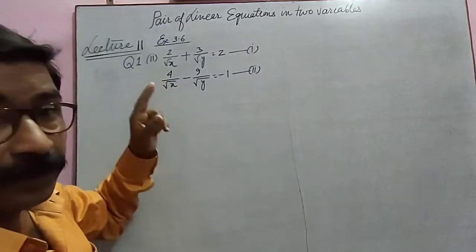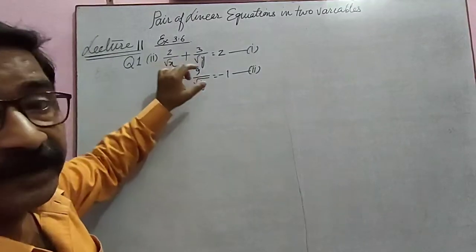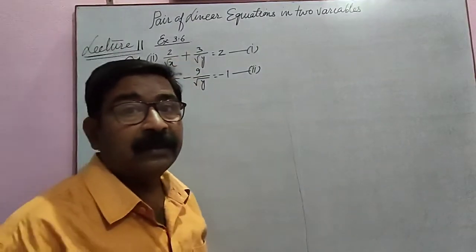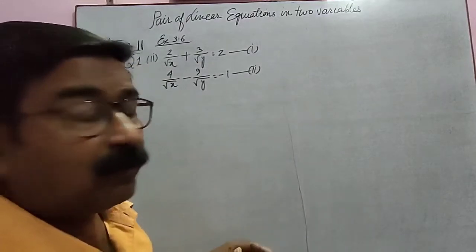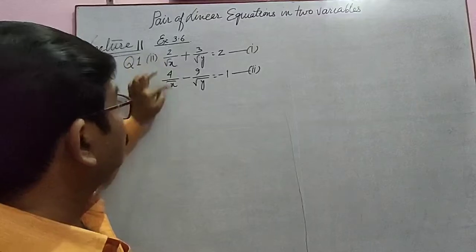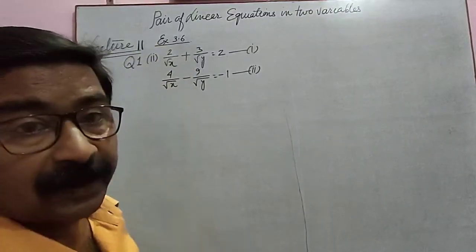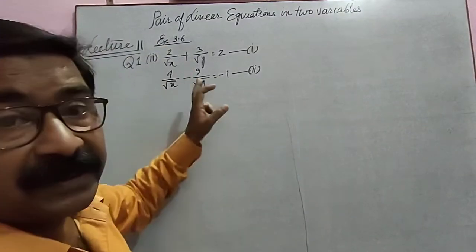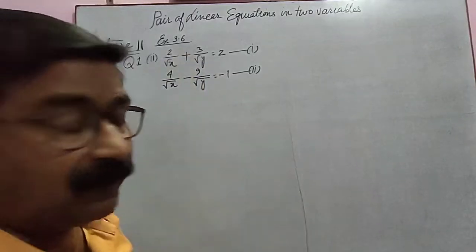Same thing as I told, whenever variables are in fraction, we have to check the coefficients of x and y must be the same in two equations. So here we are observing coefficients are same. So we will replace this fraction by any other variable.